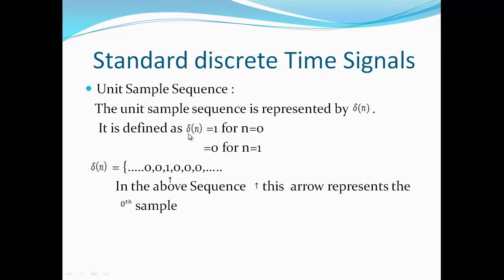It is defined as delta n is equal to 1 for n equal to 0, where n is the sampling instant.